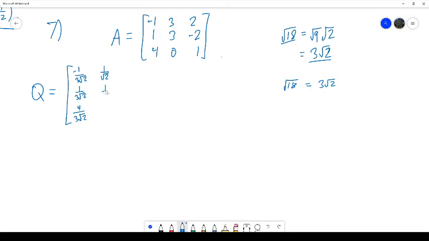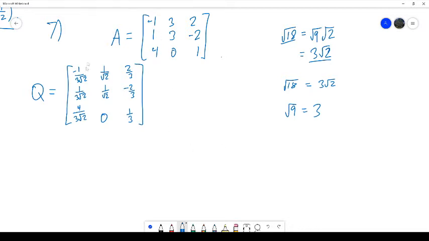And then again, 1 over root 2, and then we have a 0. And then for the last one, the last column has a magnitude of 4 plus 4 plus 1, that's 9. So this is actually a 3. So if we divide those components by 3, we have 2/3, -2/3, and 1/3. And that's the Q matrix.